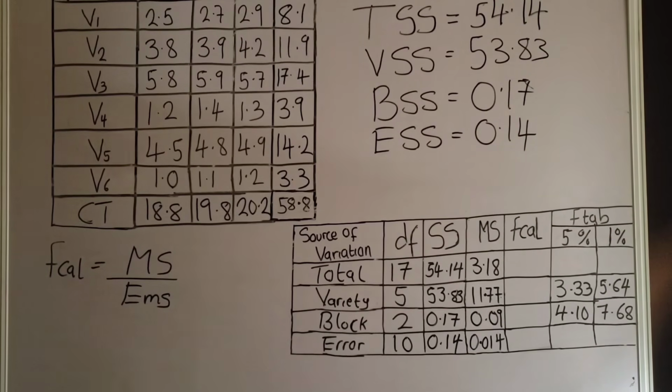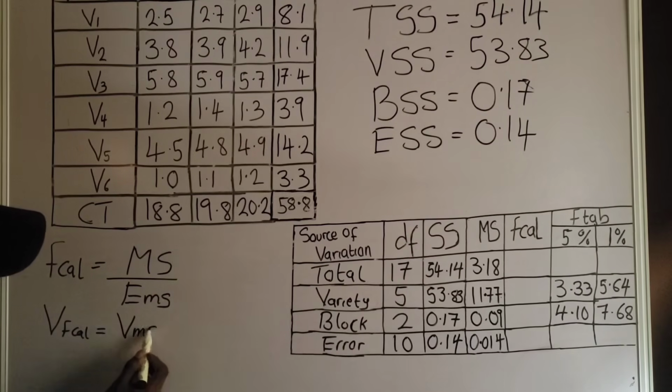Now let us calculate the F calculated of varieties. Variety F cal is equal to variety mean squared all over error mean squared.